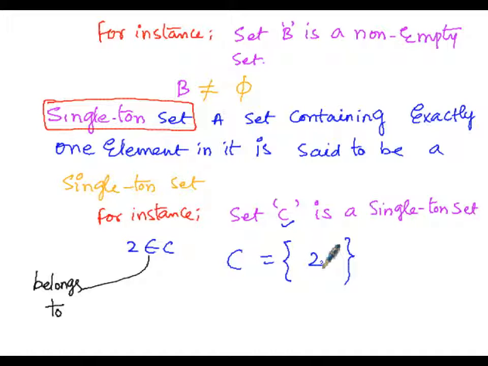Then our next one is the finite set. Finite indicates exact. A set which is non-empty and consisting of a finite number of elements in it is called a finite set.